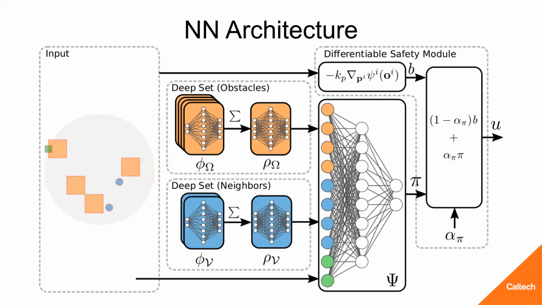For each centralized planned example, depending on the number of robots, we also get more data that way. Then we use an imitation learning framework with a neural network architecture that uses the deep sets that I introduced earlier. Here we specifically use two types of deep sets.